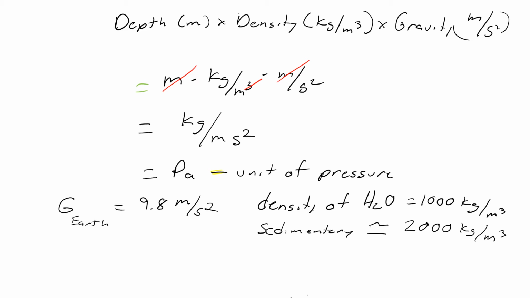So that is a density that you really should probably know as well. It's basically twice what water is. It varies a little bit, sandstones and shales and all the different sedimentary rocks. Some are around 2,000, some are around 2,200, but this is a good ballpark guesstimate. Igneous and metamorphic rocks are around 2,500 kilograms per meter cubed.